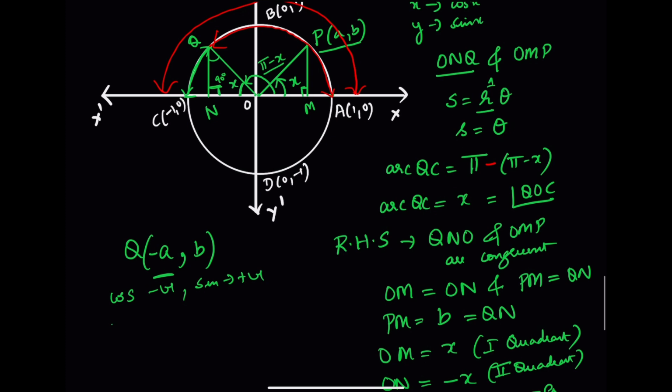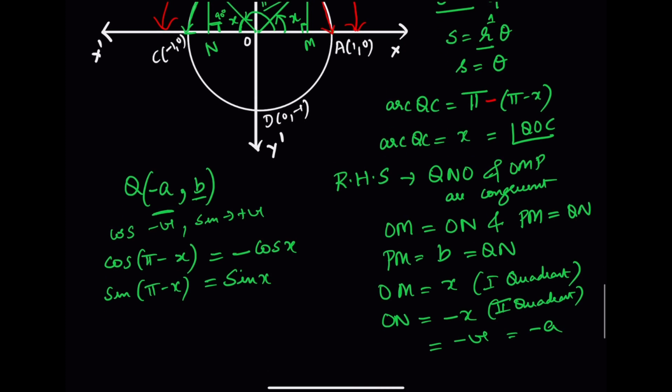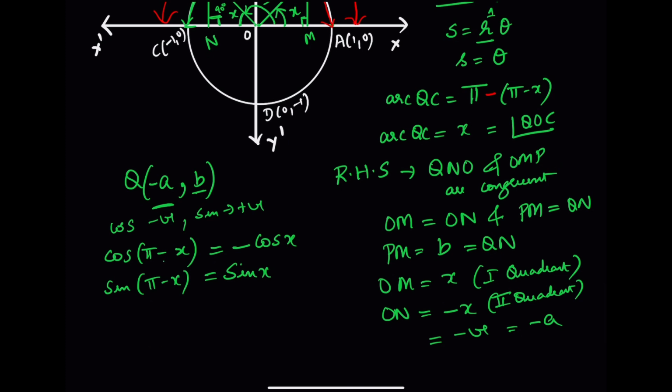So cos of pi minus x is equal to minus cos x, because the x coordinate changed from a to minus a, and sine of pi minus x is sin x, because the y coordinate remained the same from P and Q. So now we know why cos of pi minus x is minus cos x and sine of pi minus x is sin x.